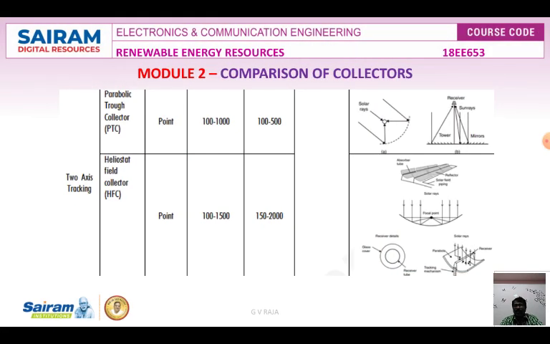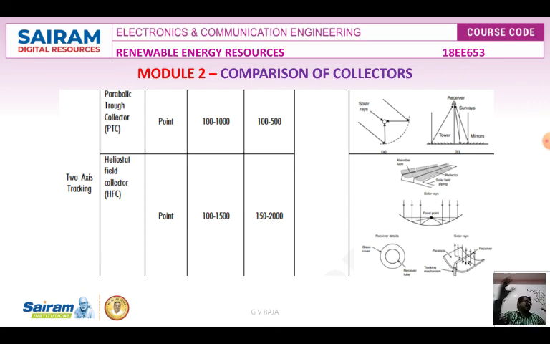And the next one is the 2-axis tracking system. Here two types are there: one is the parabolic dish reflector, and the other is the heliostat field collector. The absorber is a point. Heliostat means that at the top of the tower there will be one point, and whatever reflectors are kept in the area will reflect to that particular point. Parabolic means it is like a dish type.